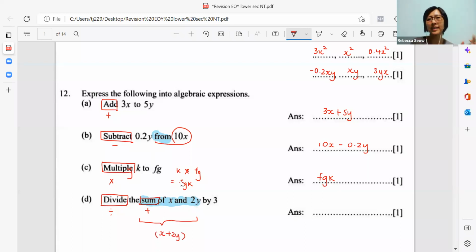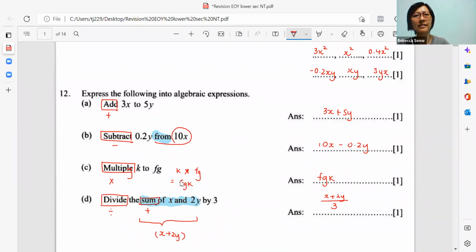Okay, so when we divide x plus 2y by 3, means that we take the number 3, divide by x plus 2y. Oh, pardon me, it's the other way around. Divide this by 3. So x plus 2y divided by 3. Yeah, this would be the answer.